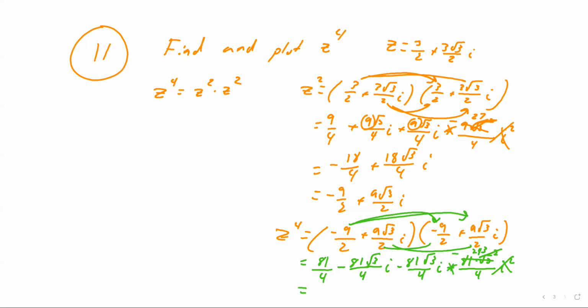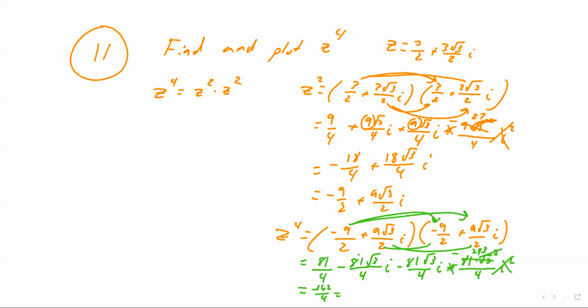Okay. So now what's 81 over 4 minus 243 over 4? If you type it in the calculator, it'll simplify your fraction for you too. Negative 162 over 4. I'll write that in the next step.